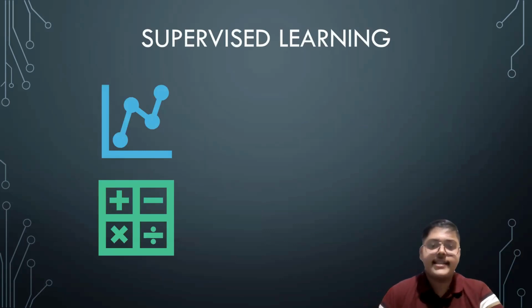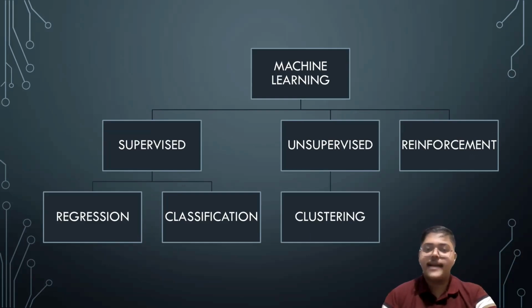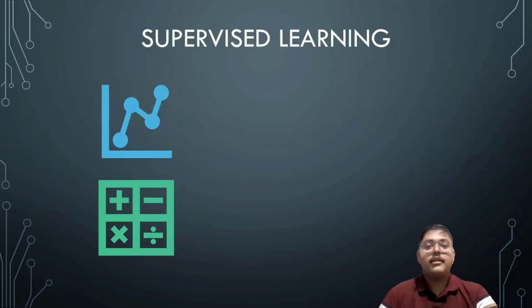And as I said in this slide, supervised learning has two types, regression and classification. Now, what the regression model exactly does is it is used for predicting numerical data. Like I took the example of the pricing of a house. So here we got the price, numeric data, right? So we can represent it easily in terms of graphs.